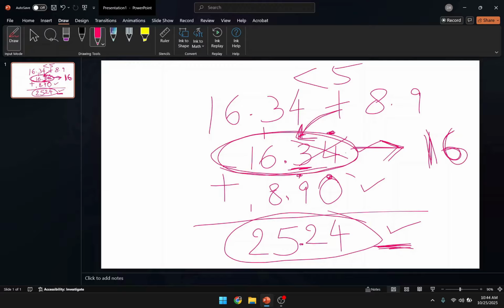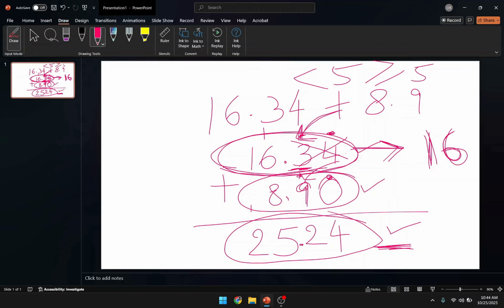Okay, let's take this one. You have 8.90. I want to see the nearest whole number for this decimal. Again, let's look at the digit in the tenths place. You have 9, which is greater than or equal to 5. So what do we do?